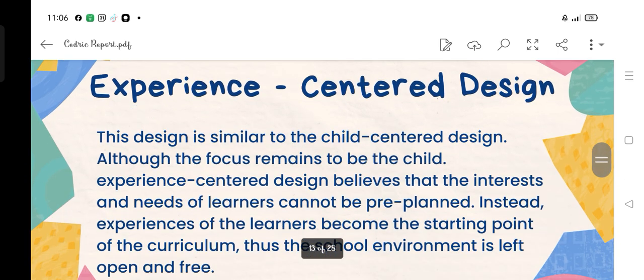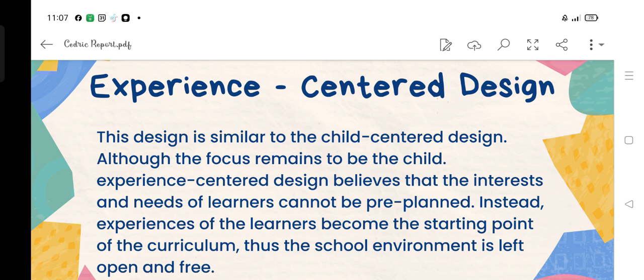The next one is the experience-centered design. This design is similar to the child-centered design, although the focus remains to be the child. Experience-centered design believes that the interests and needs of learners cannot be pre-planned. Instead, experiences of the learners become the starting point of the curriculum.